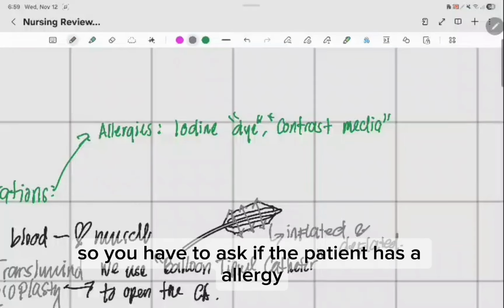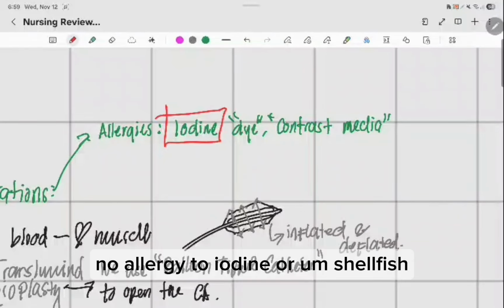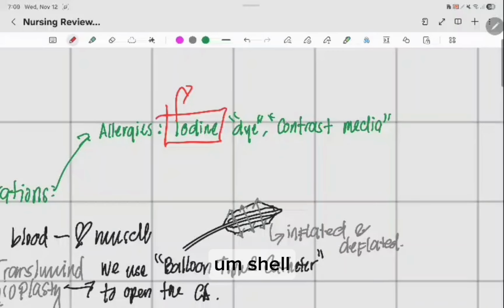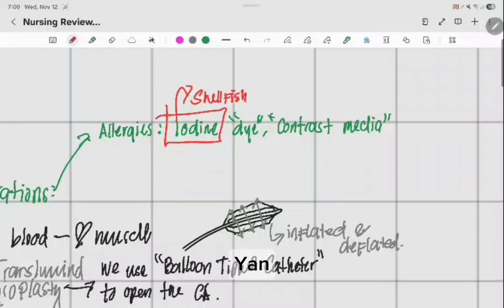So we have to ask if the patient has an allergy to iodine or shellfish. So yan. Meron tayong shellfish.